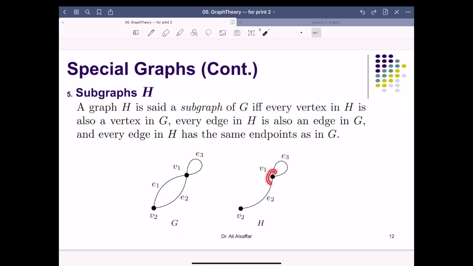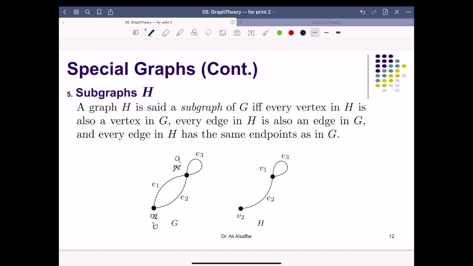Tell me this vertex, where is it exactly in the original graph? And this vertex, where is it exactly in the original graph? This is one. Second, every edge in here, you have to match it with the corresponding edge for the matched vertex. So I will give them different labels. I will give this one label A, and this one label B.